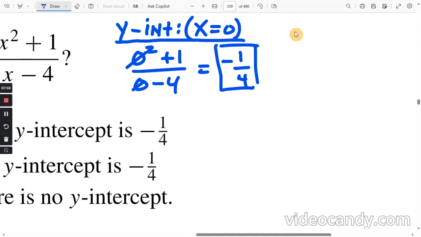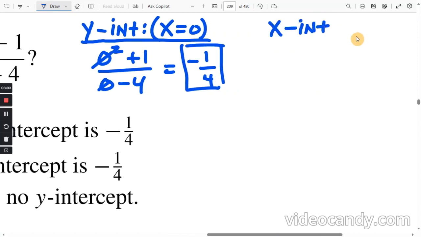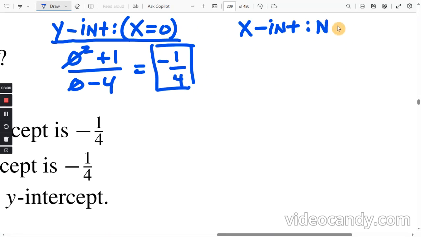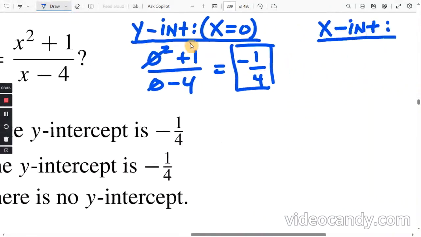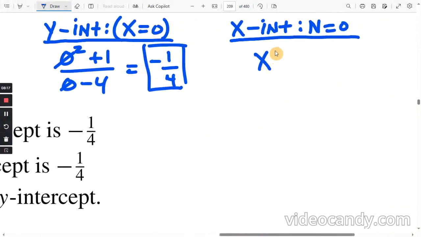All right, and now for the x-intercept, you set the numerator equal to 0. All right, so x squared plus 1 equals 0. If I do minus 1 on both sides, x squared is negative 1. And now the only way to solve this is with imaginary numbers, but intercepts cannot be imaginary.